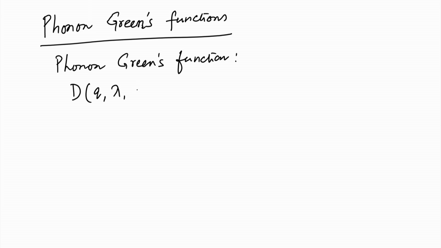We will write lambda, and its t minus t prime has the same form as we have seen for the fully interacting Green's function, and it is a time ordered product of A q lambda at t and A minus q lambda at t prime.